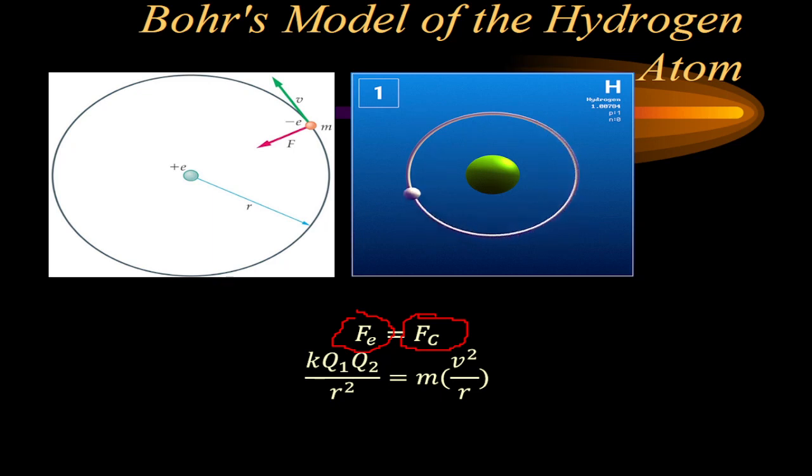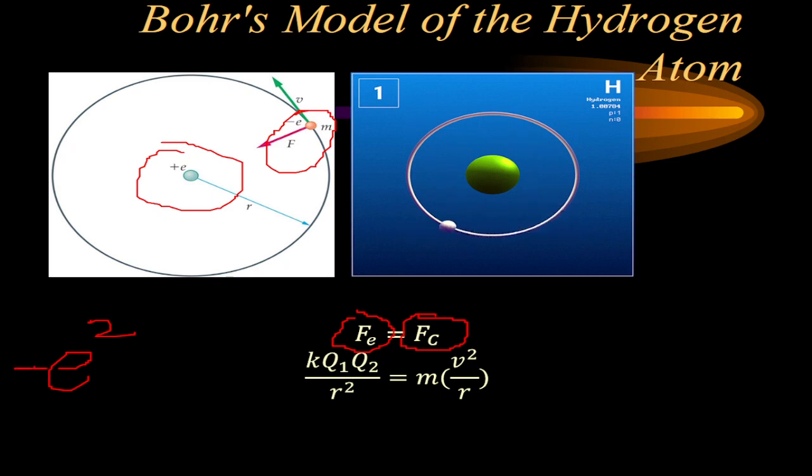We have Q sub 1 and Q sub 2, which are actually the charge of the proton, which is positive e, and the charge of the electron, which is negative e. So technically, they are the same, so we can just write this as e to the power of 2, or e squared. And since they have different signs, we write negative there.